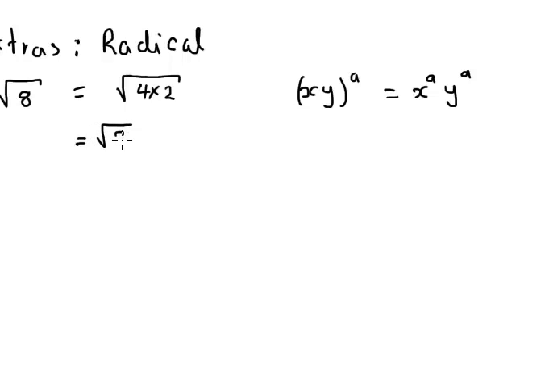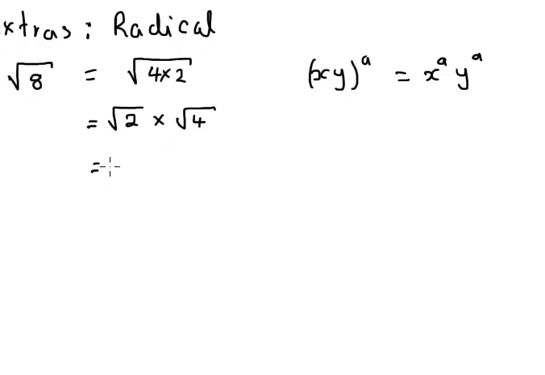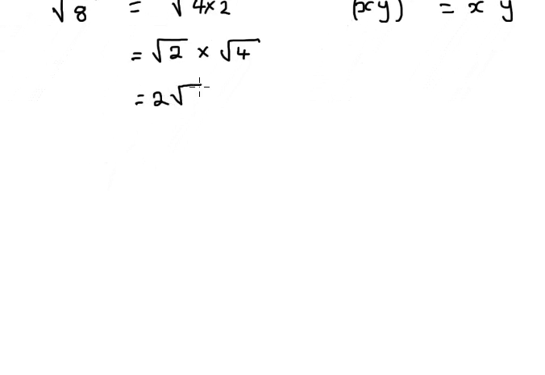Square root of 2 times square root of 4. Altogether. Then this is going to be 2. Then we got 2 square root of 2. So I've got the answer expressed in the way I wanted, in terms of the square root of 2. Is it? Okay.